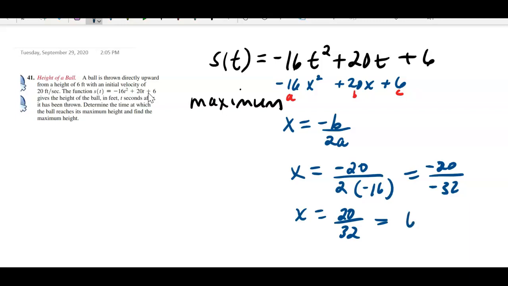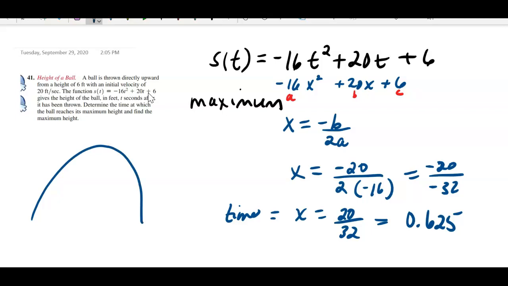So that equals 0.625. Now keep in mind we replaced the t's with the x, so keep in mind that this represents our time. This is our time. So at this time, our ball will reach its maximum height.